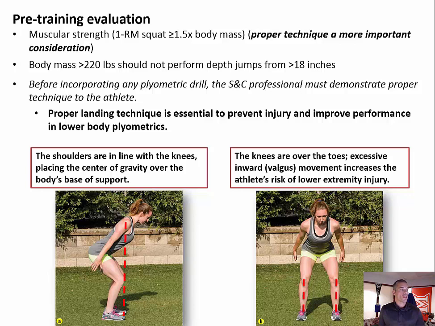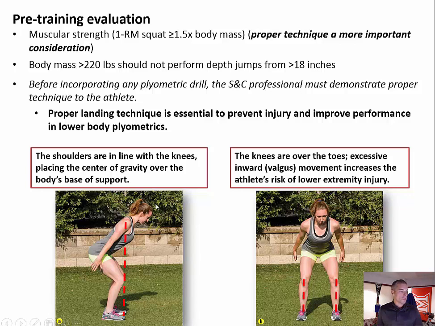And before incorporating any plyometric drill into an athlete or individual's training program, the strength and conditioning professional must demonstrate proper technique to the athlete. So this includes proper landing technique, which is going to be essential to prevent injury and improve performance in lower body plyometric exercises. If we talk about proper landing technique, you see that here.